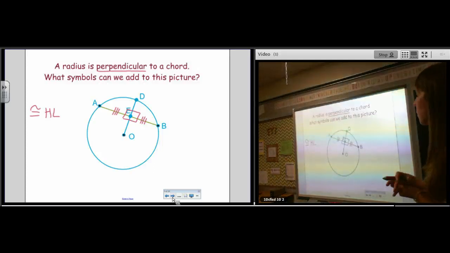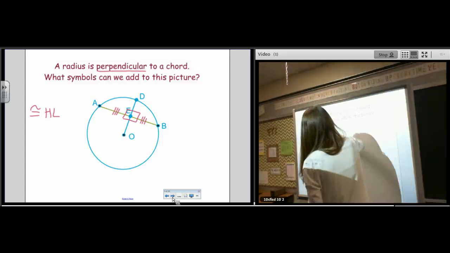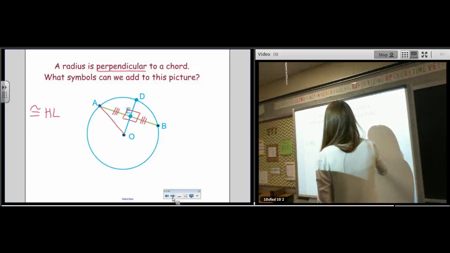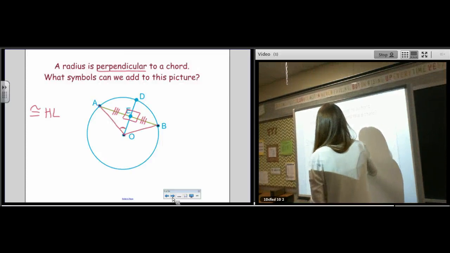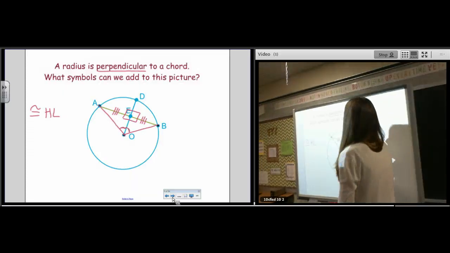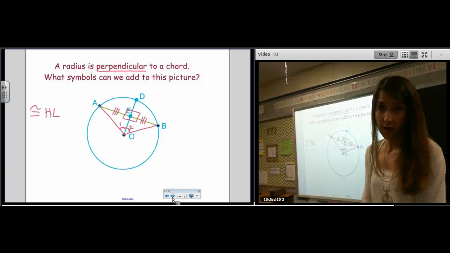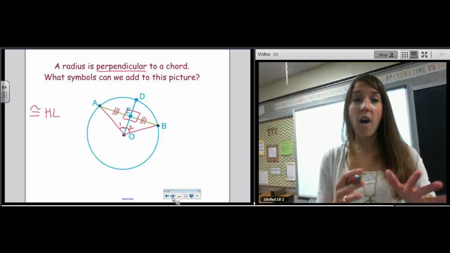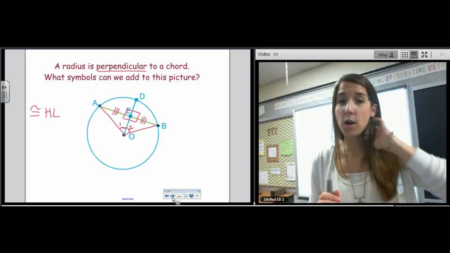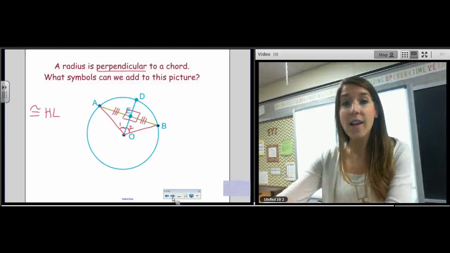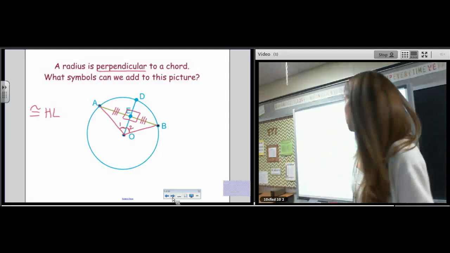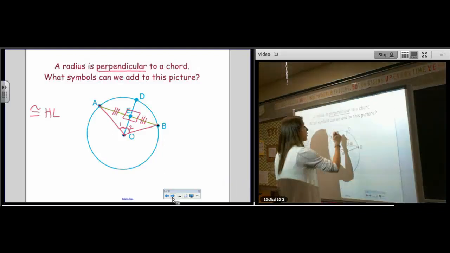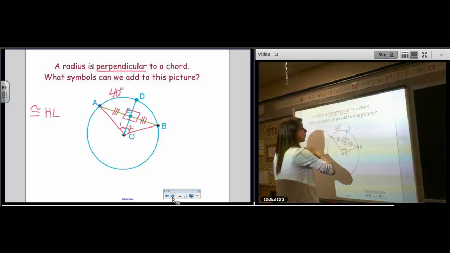All right, real quick, if I drew those lines back again, those segments, do you agree that angle 1 would be congruent to angle 2 by CPCTC? Well, if angle 1 is congruent to angle 2, we also learned that a central angle equals its arc. So if angle 1 is a 40-degree angle, then arc AD is a 40-degree arc.